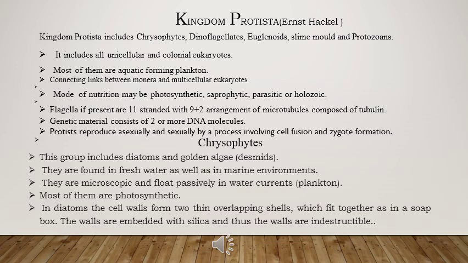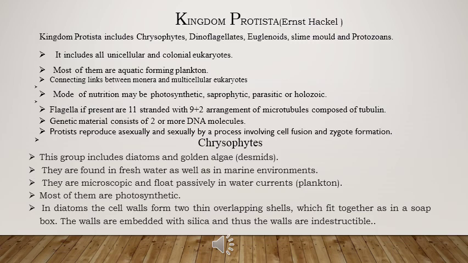These include all the golden algae and diatoms that are found in fresh water as well as marine water. These are microscopic in nature, so they are very small. That's why we can only identify them if they are in the form of a colony. They can move, or you can say float from one place to another by water currents.